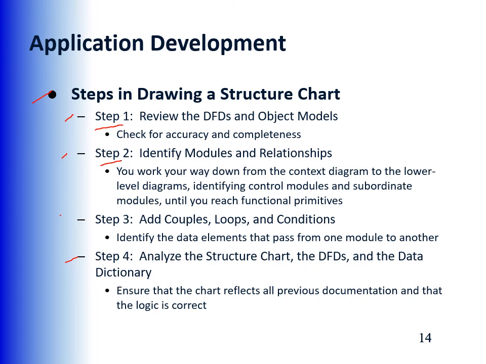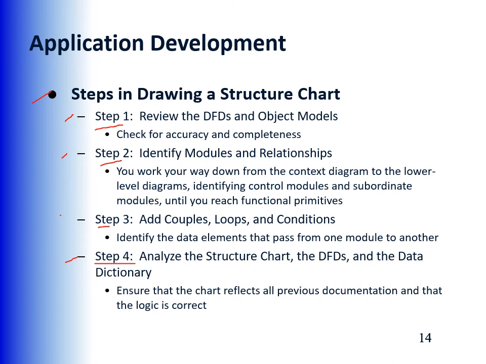Step 3, add couples, loops, and conditions. You can review the data flows and the data dictionary to identify the data elements that pass from one module to another. The last step is step 4.